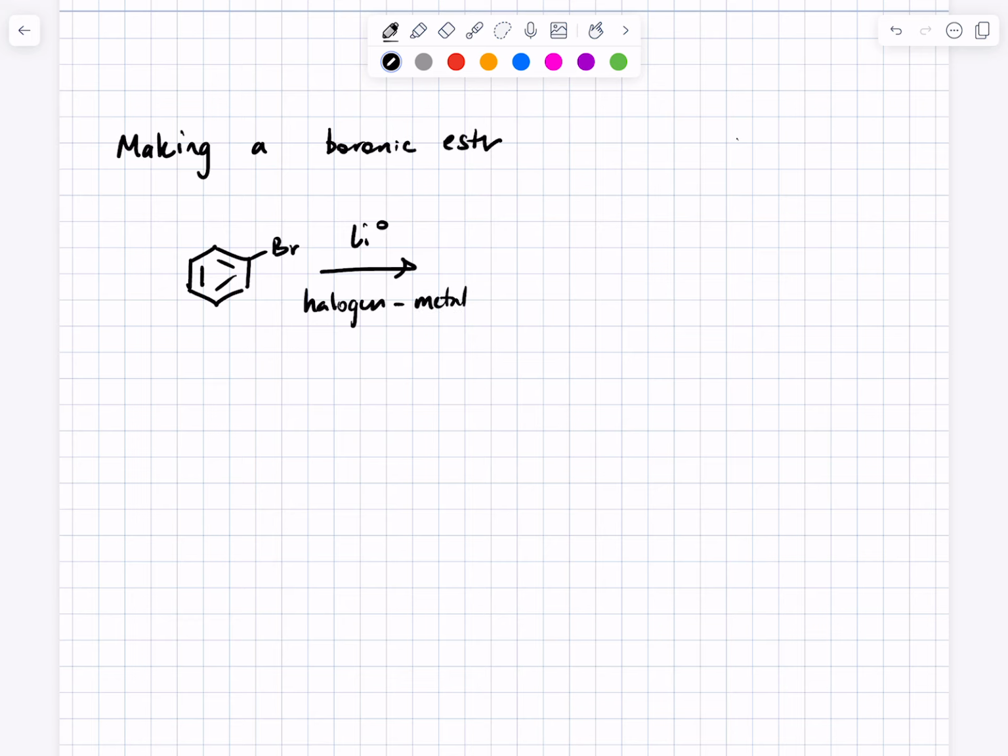It's called halogen metal exchange. We did this at the very beginning of class when we wanted to generate an organolithium reagent from an alkyl halide. We didn't talk about the mechanism, and we're not going to. Basically, lithium donates electrons to the molecule, which then loses bromine.